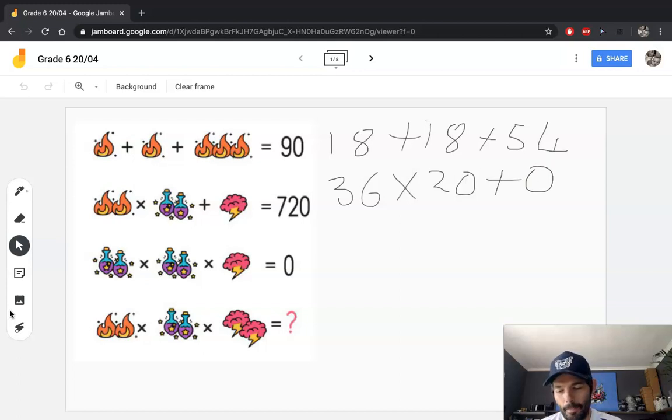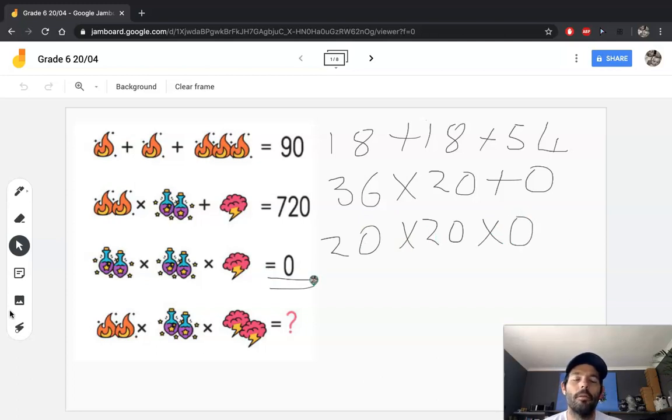So I know that my potions are going to be 20. So 20 multiplied by 20 and then multiplied by 0 is going to give you 0. So remember, one of the multiplication properties of 0 is anything multiplied by 0 is equal to 0. And then my flames at the bottom, my 2 flames are going to be 36 again.